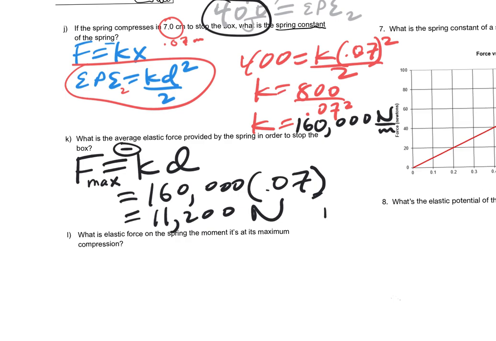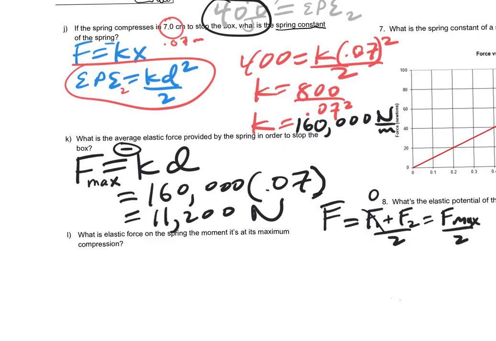So F average is equal to F2 plus F1 divided by 2, but F1 at the beginning is 0. So really this is just the maximum force divided by 2.